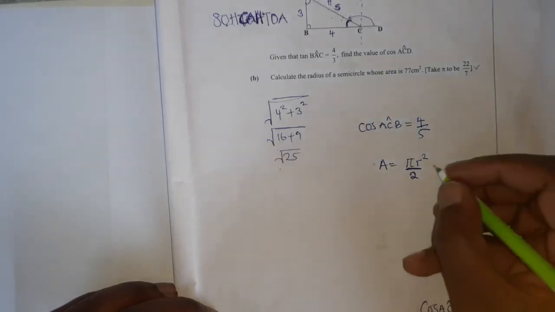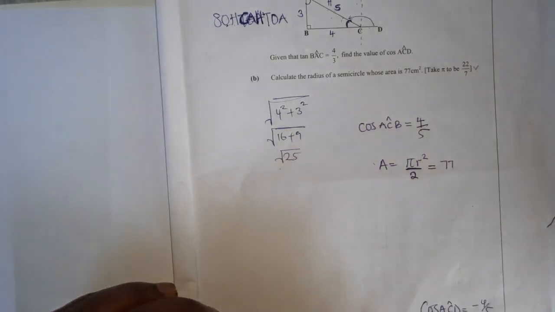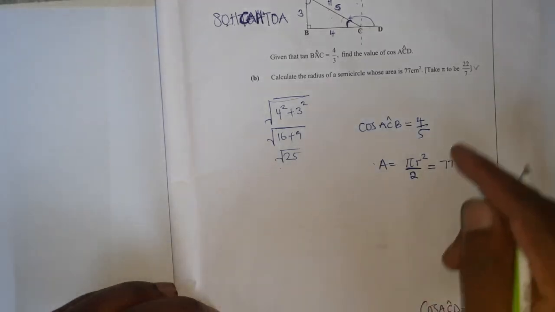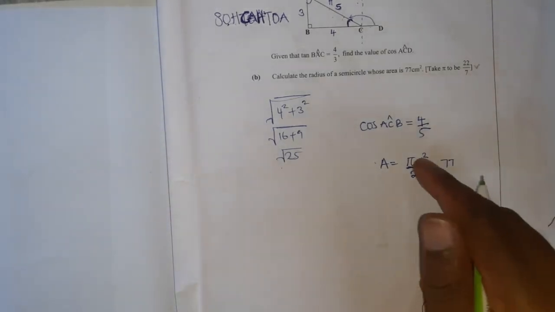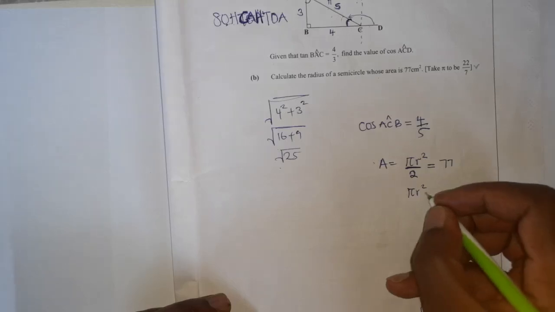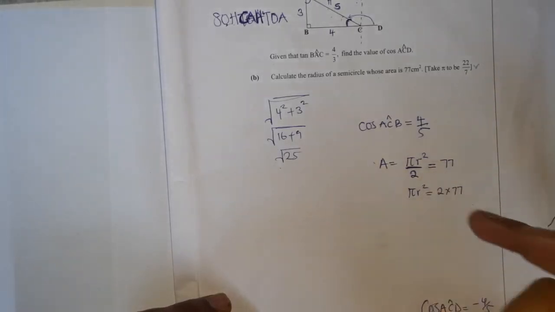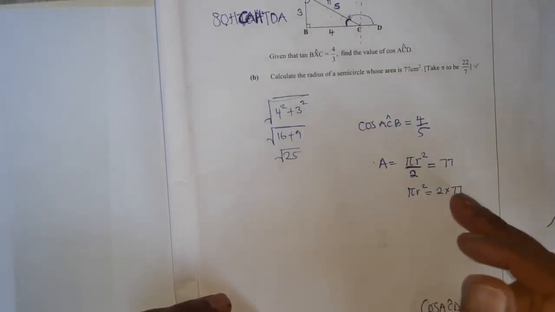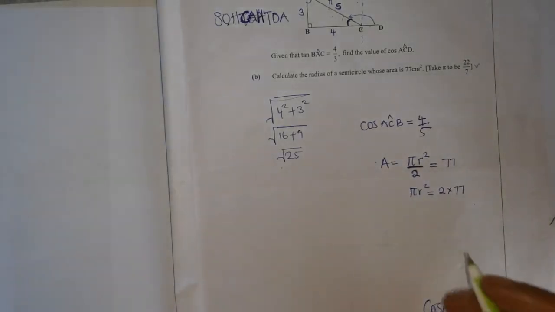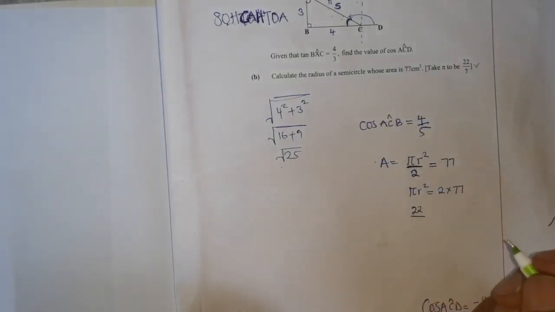We are given that this is equals to 7. Then what is the value of the radius? This is equals to 2 multiplied by 7. Sometimes you avoid multiplying these two; to get one value, just leave them like this. They help. So then we go on and say, what is this? This is 22 multiplied by what?